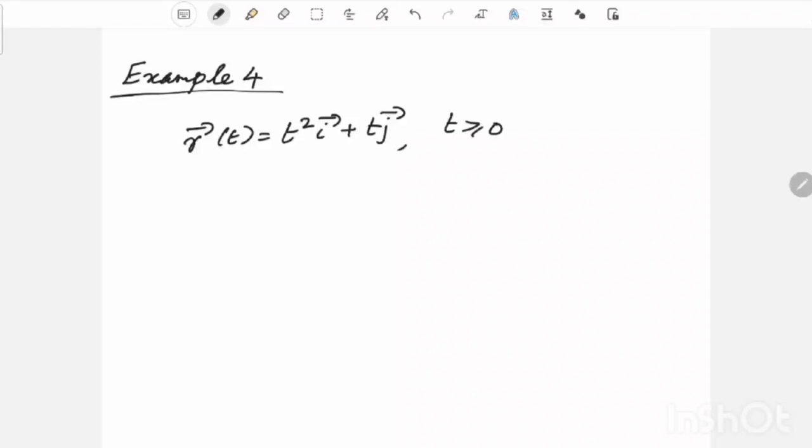Now we want to find its velocity, acceleration and speed when t is equal to 2, and also sketch the path of the object and the vectors v of 2 and a of 2.